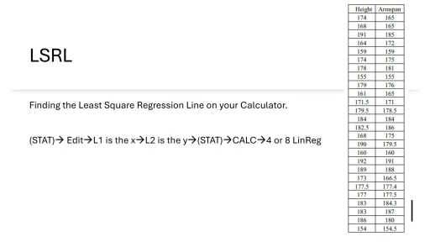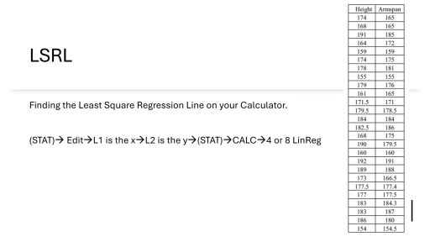So first, quick overview for your least square regression. When you have a set of data, it is a set of data that you can put into an x and a y and see if there's a relationship for it. So here's some data for height and arm length, or arm span, if you want to use that term. And to find the least square regression, just a reminder, on your calculator, you push stat under edit.